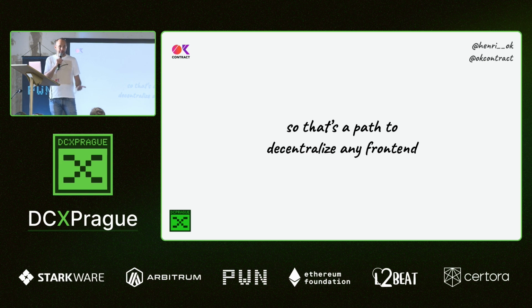And that will give a lot of benefits, like having another diverse implementation of front ends, which I think is of good value for a protocol to resist censorship, for instance. And also that will come with the added benefit of being decentralized without too much effort.